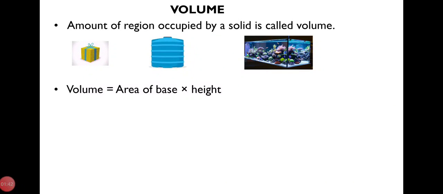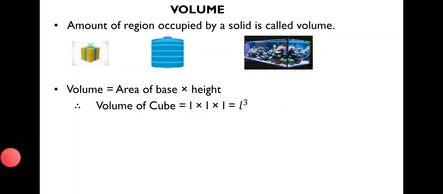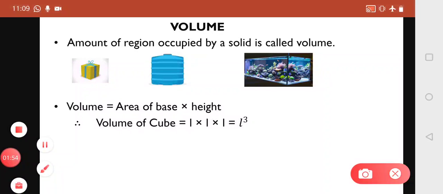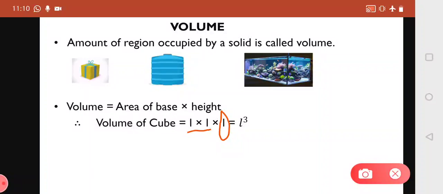So, if we talk about a cube, the volume of a cube is L into L into L, because its base area is length multiplied by length, and height is also length, because in a cube all three dimensions are the same. So this is your base area, length into length, and this is your height, also given as length. So we get the volume of a cube as L cube.